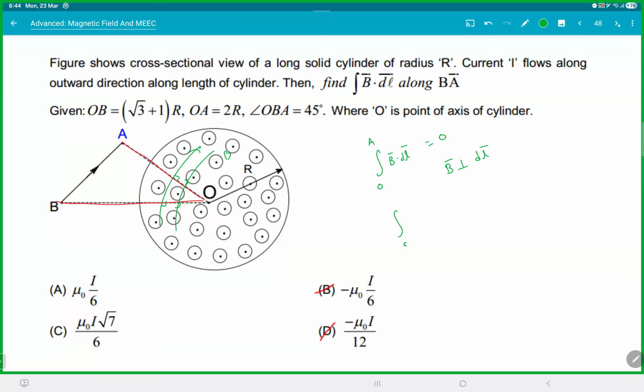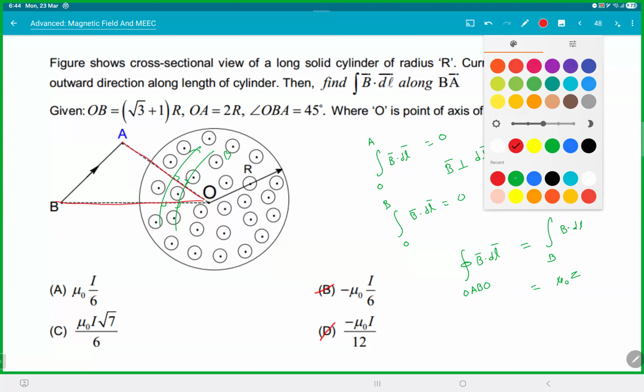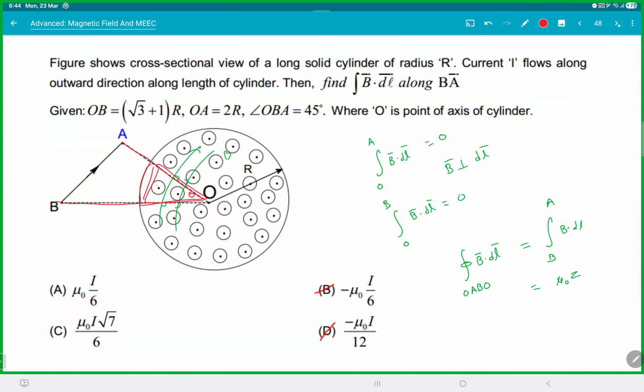And integral O to B is also 0 because B is perpendicular to dl. That means integral B dot dl in the whole loop is nothing but integral B dot dl from A to B, isn't it? So integral B dot dl for the loop OABO is the same as integral B dot dl from B to A, which will be nothing but mu naught I crossing. So somehow you need to get this angle and then you need to find the current in this section.